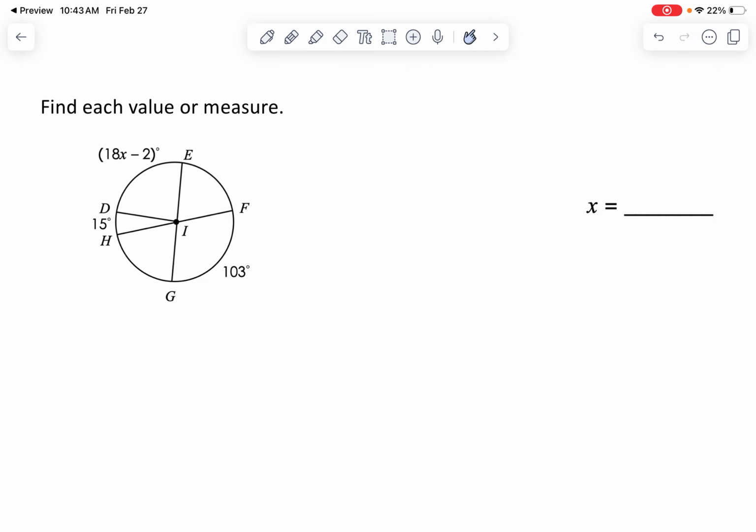Here this says find each value or measure. In this case, they want us to find x. Well, I know a couple of things here. I know this is 103.